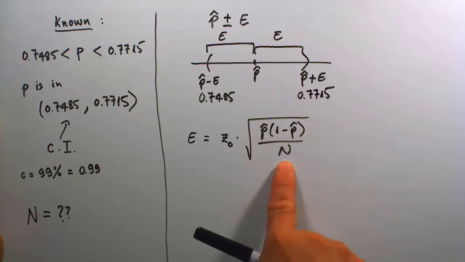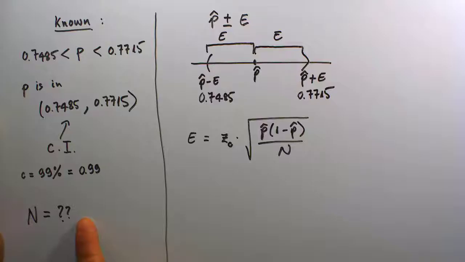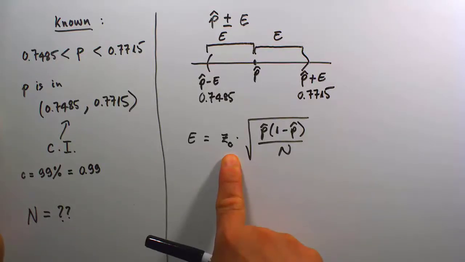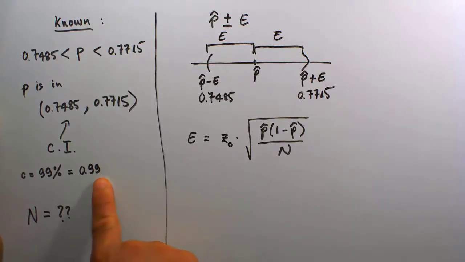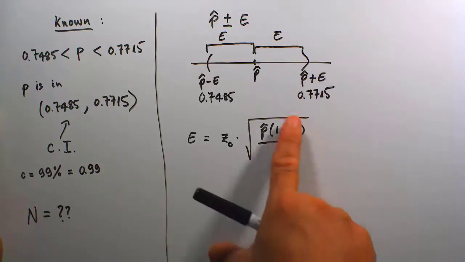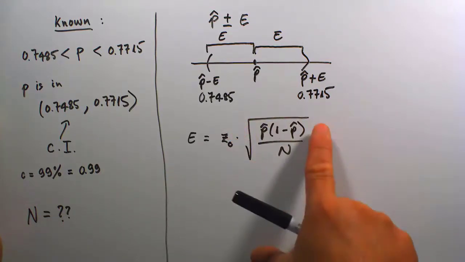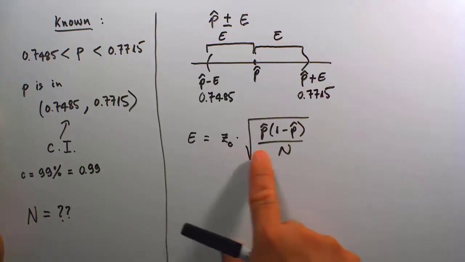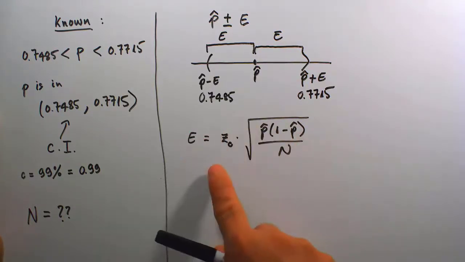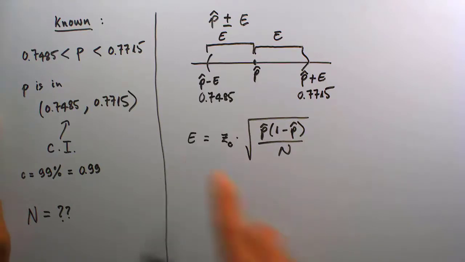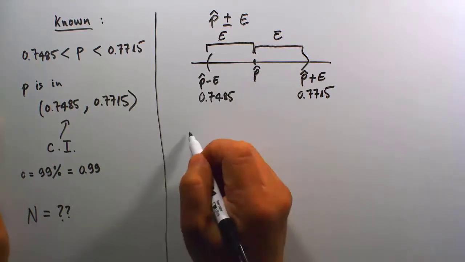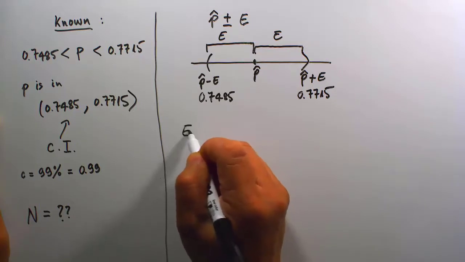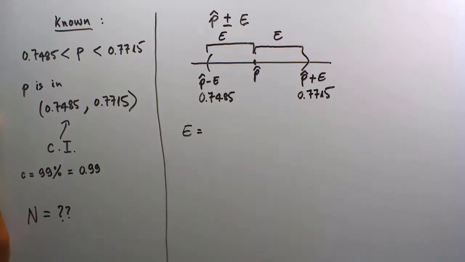We don't know what the sample size is, and as a matter of fact, that is what we are trying to find out. Z sub c we can calculate because we already had a confidence level, but in the end we're missing a lot of information here. So to make my point clear again, we are not able to proceed using this formula to calculate margin of error.